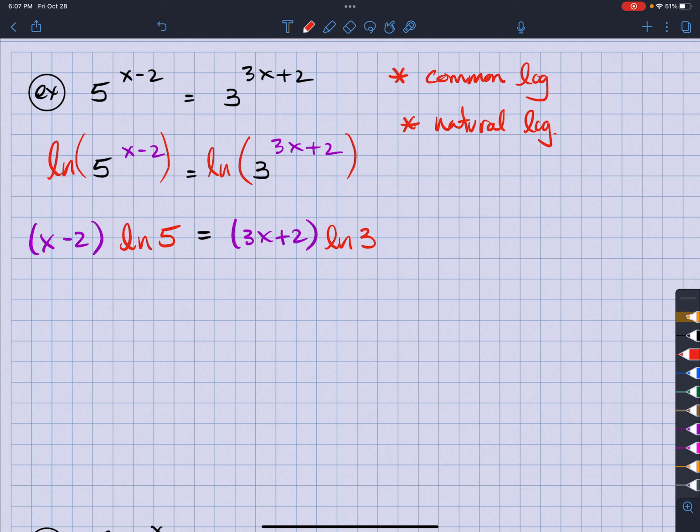Okay, that's the power rule, right? The power becomes a coefficient, which I have. Now, these are equations, so essentially my goal is just to solve for x. So that's what I have to figure out.